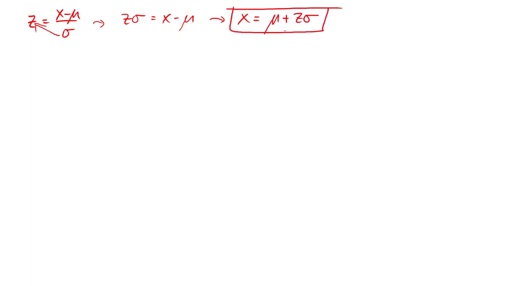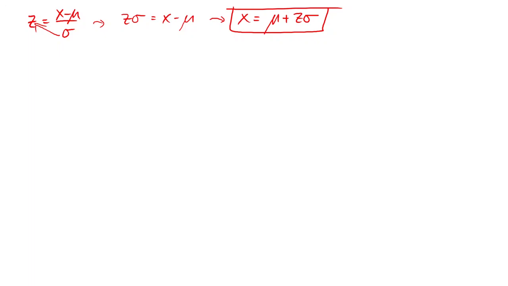You're always going to be multiplying the sigma over and then adding the mu. So one way people will remember it, to solve it the other way, the observation is always going to be the mean plus whatever z-score it is times sigma. So you can map it that way.